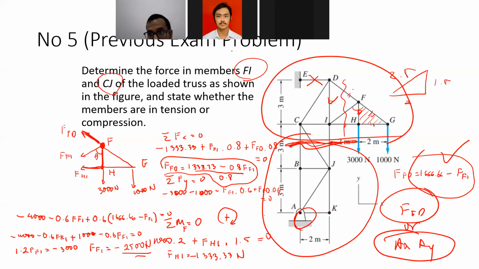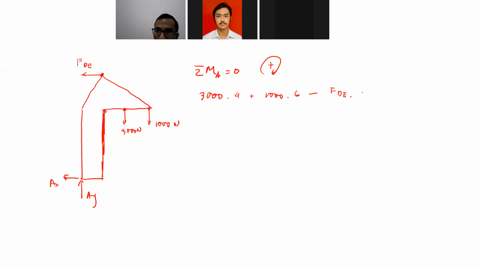Is that 9? 9 meters equal to 0. By doing so, we will be able to find FDE. 6,000, 12,000, 18,000 divided by 9. 2,000. So FDE is 2,000 Newton.